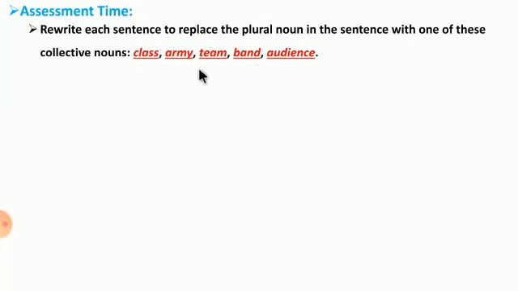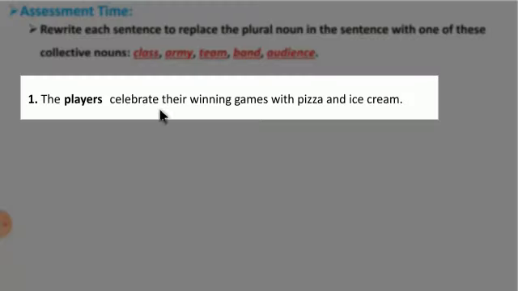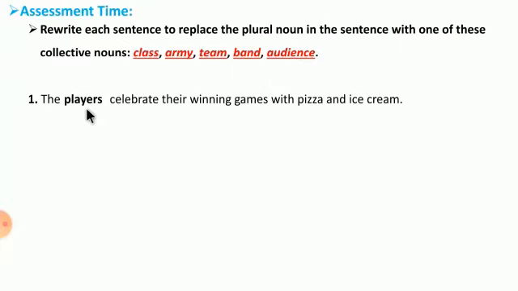Okay, let's get started. We will read the sentences first. The players celebrate their winning games with pizza and ice cream. So the plural noun is players here. We have to replace it with one of these collective nouns: class, army, team, band, or audience.